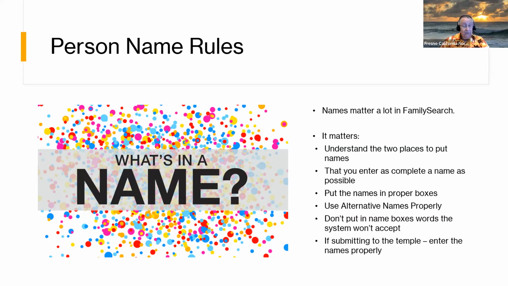Some of us aren't really that familiar with the alternative name area, and that's really important to understand. And don't put in the name boxes words the system doesn't accept, and especially if you're doing temple work and you're submitting names for the temple, make sure you enter the names properly and follow the rules, or you won't be able to clear the name.